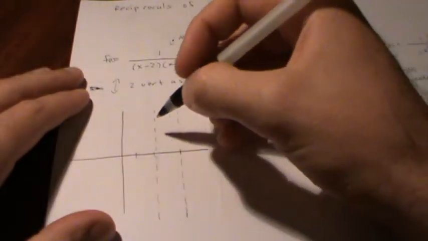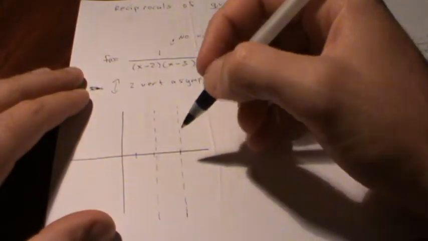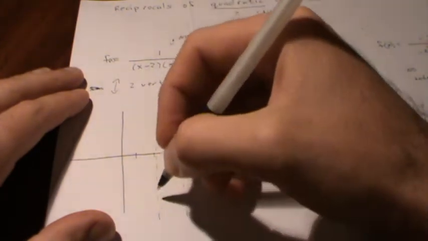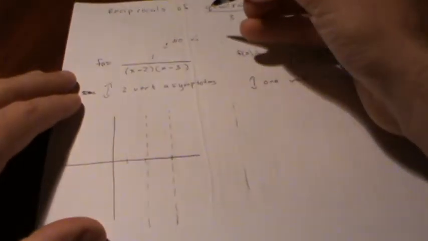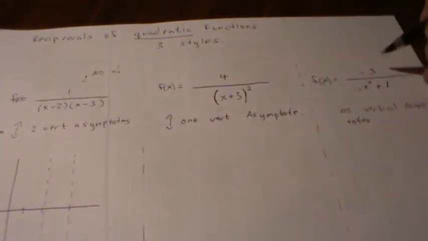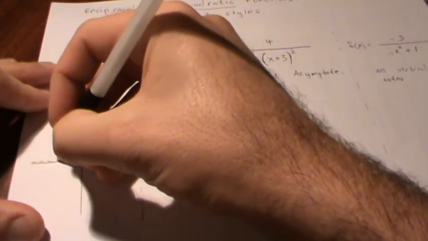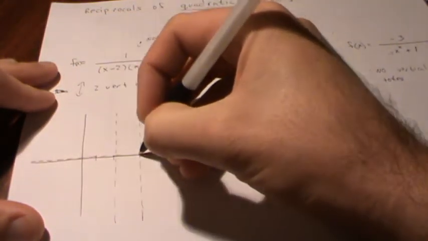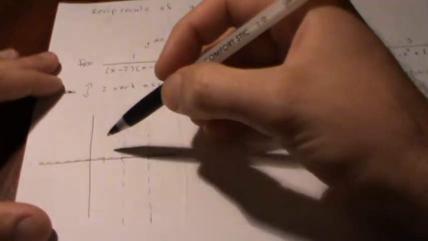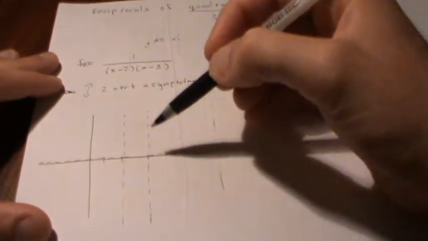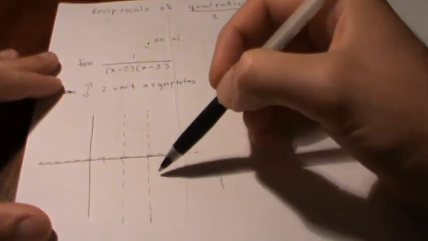Alright? Now, we have to decide what the rest of the graph looks like, okay? We do know we have these vertical asymptotes. And again, remember from last section, if there's no variables in the numerator, then I automatically have a horizontal asymptote here at 0. It's guaranteed.